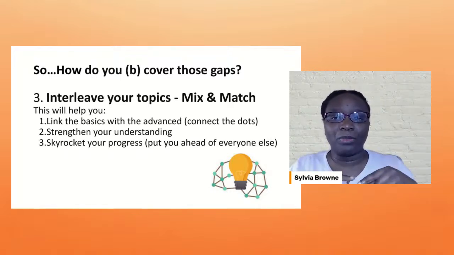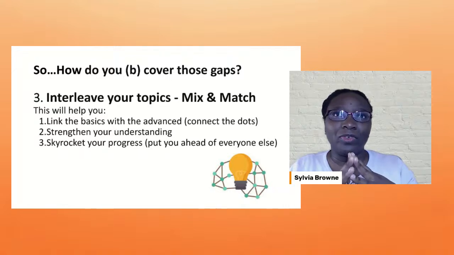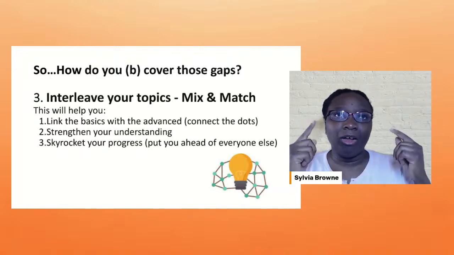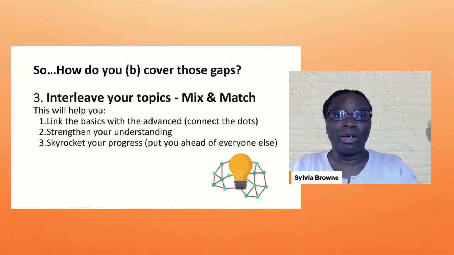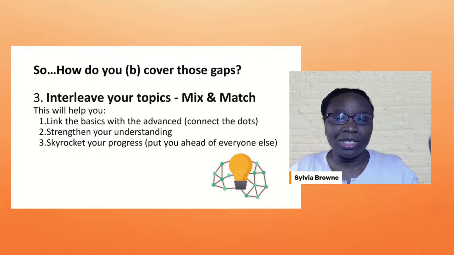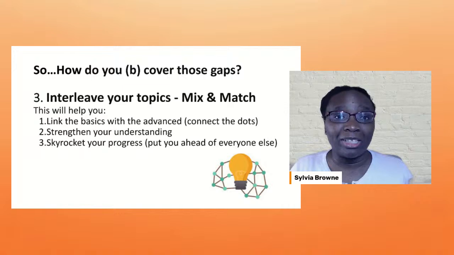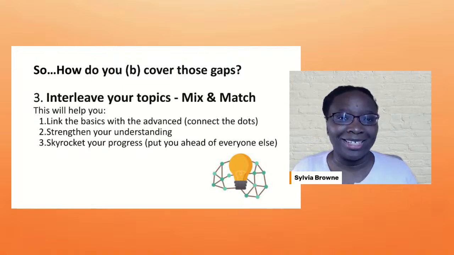And what that does is it helps to strengthen those connections actually in your nerves across your neurons, and it makes you start to be able to connect the dots between topics, right?